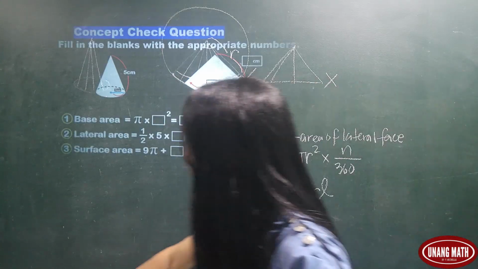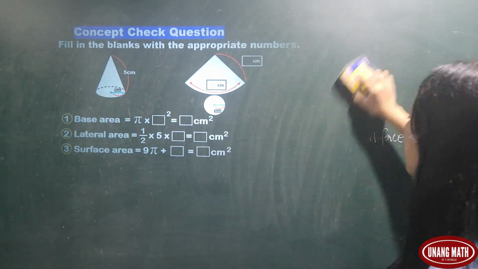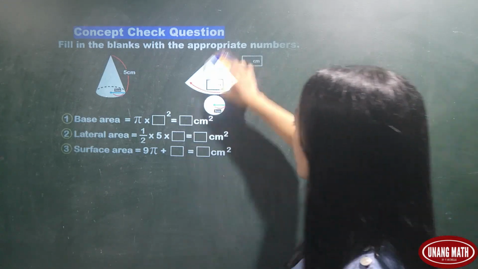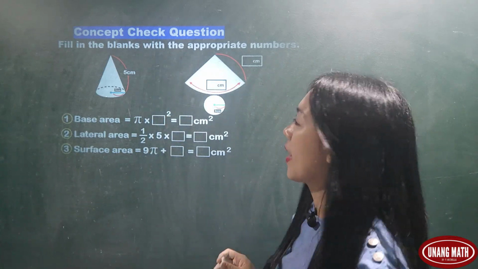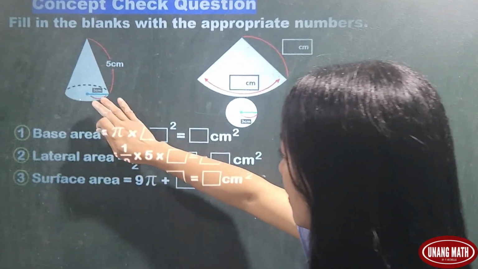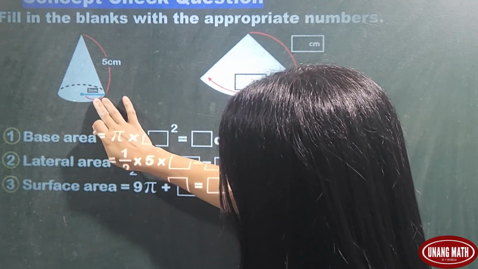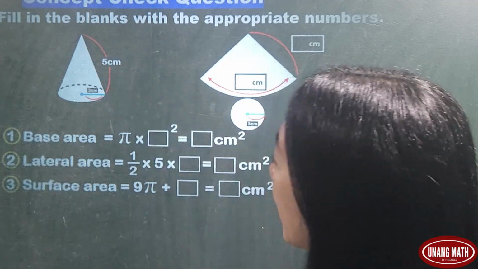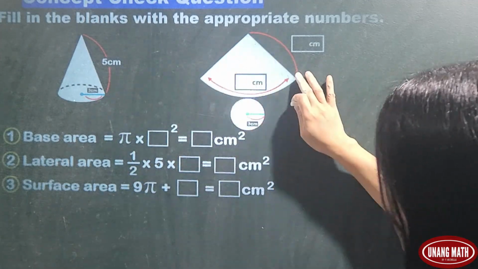Let's give an example by answering this concept check question. We are going to fill in the blanks with the appropriate numbers. This is the cone, and the radius of the base is 3 centimeters, and this is 5 centimeters. The net of this cone is this one.